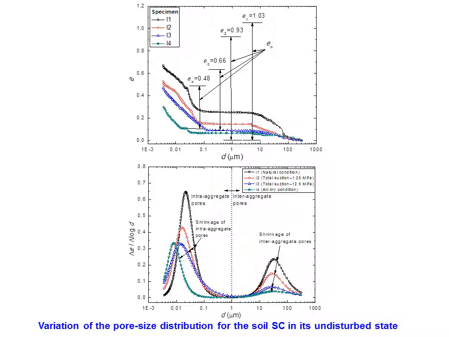So on superimposition, what we see is that the water ratio is similar to the void ratio for samples I1 and I2, which indicates that the samples are fully saturated.